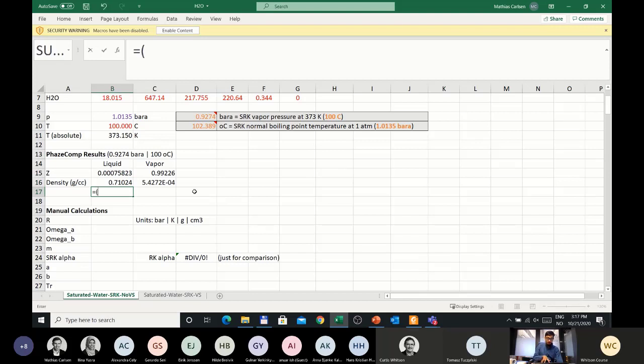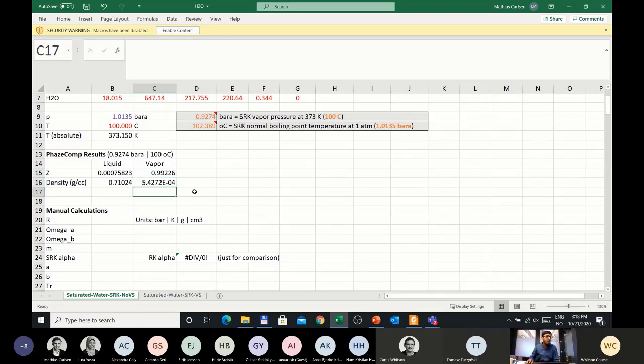If you quickly calculate the deviation, it is divided by 1, so that's the same. So 30% off. We have already discussed that the densities from cubic equation of state models are highly underpredicted, for the reasons that we discussed before. And the vapor phase density should be very accurate, so that should be okay.